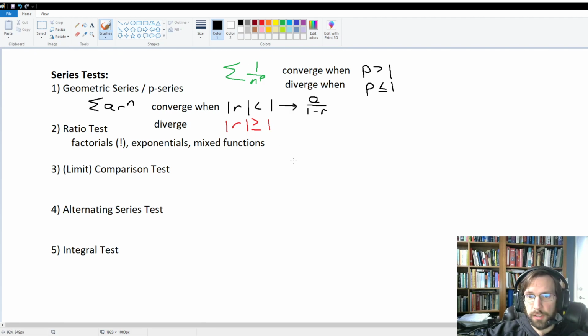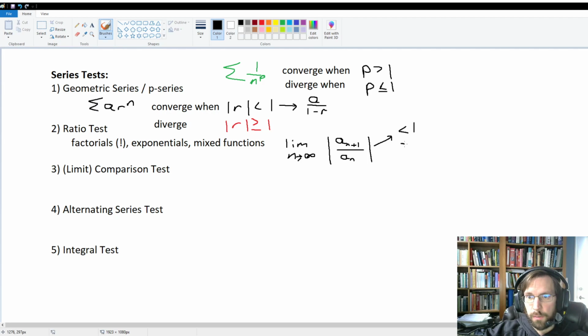For ratio test, you take the limit as n goes to infinity of the absolute value of the n plus first term in the series over the nth term. And if this is strictly less than 1, it converges.